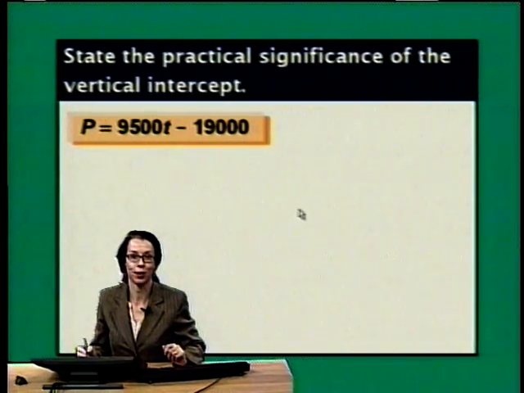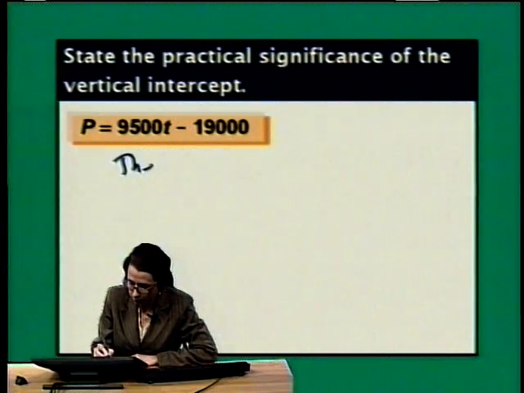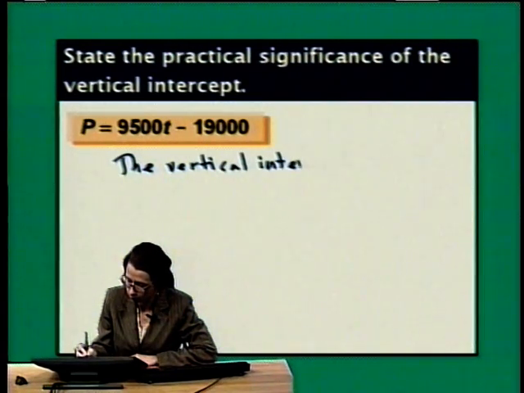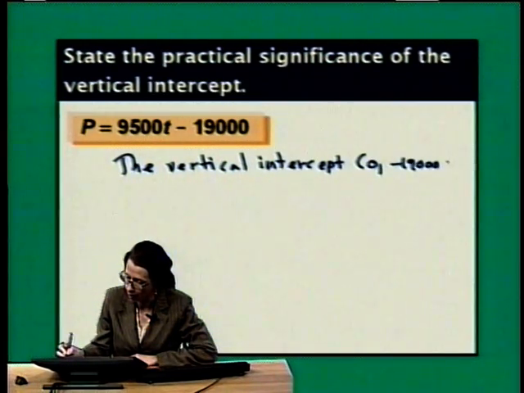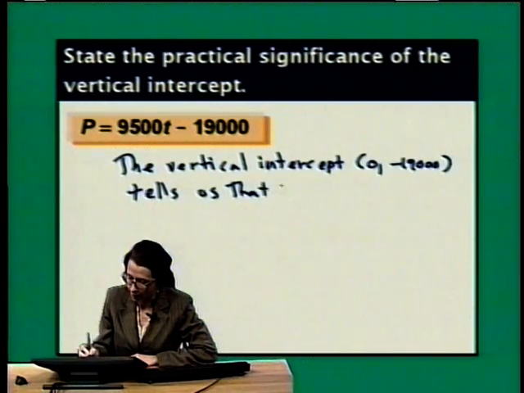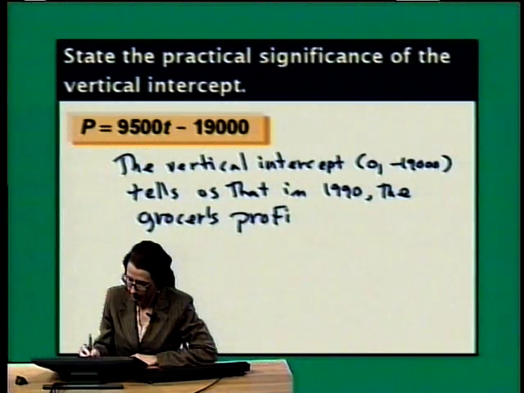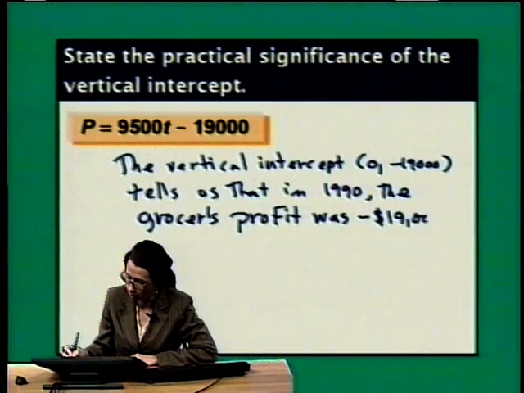So let's state the practical significance of the vertical intercept. The vertical intercept, 0, negative 19,000, tells us that in 1990, the grocer's profit was negative $19,000.